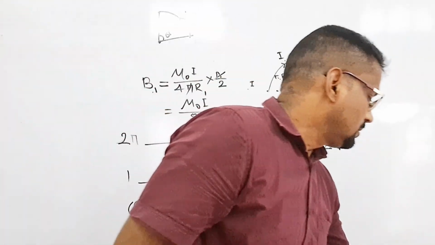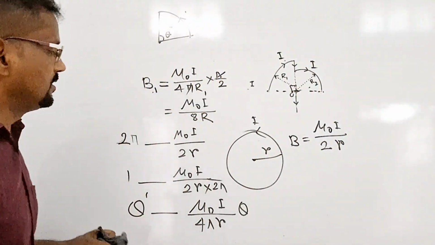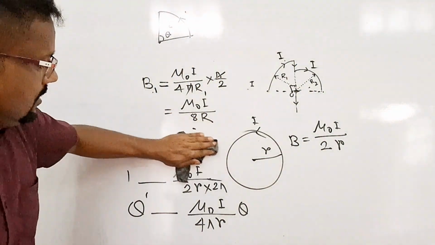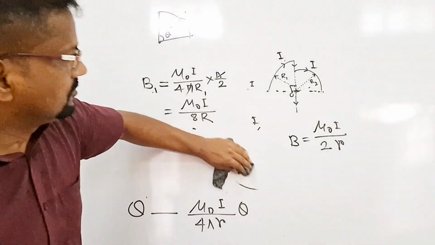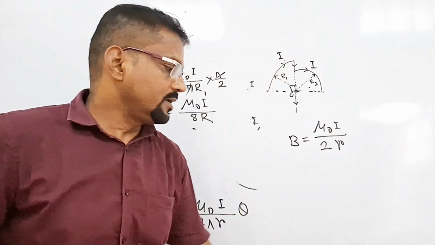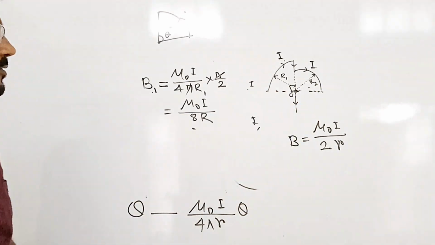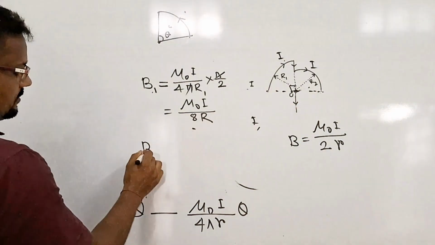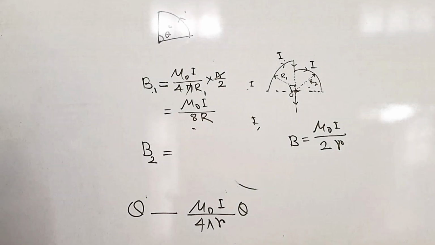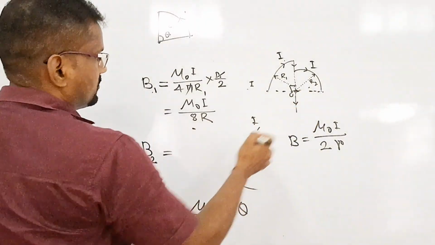Next, another magnetic field, direction we will check later on. Now see, another magnetic field due to the arc of radius R2. Let us declare it as B2. This angle is also 90 degrees.